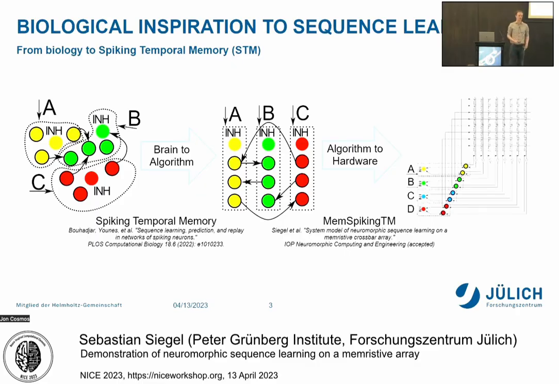This algorithm is so simple that we thought, why not try to realize it on a real hardware system? So we took this spiking temporal memory and adapted the algorithm to fit a dedicated neuromorphic hardware, which is based on a memristive crossbar array. This is our mem spiking TM algorithm. The simulation part was accepted just last week, I guess, and today I'm going to show you that it actually can run on hardware.